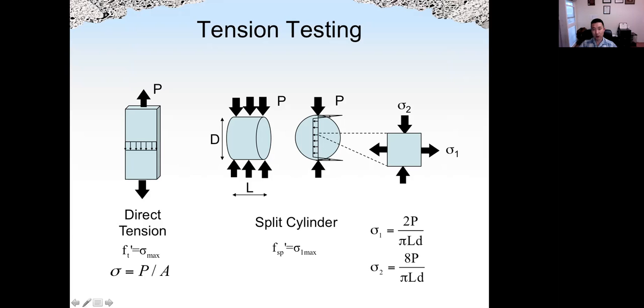Okay, only the top and bottom are under compression. Okay, and these two equations show us the stress level sigma 1, which is tension, and sigma 2, which is compression, in different parts. So based on that, we can figure out what is f'sp. SP is for split tensile stress.